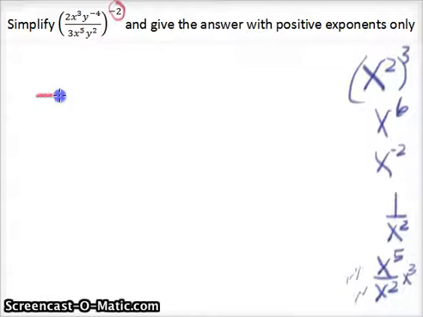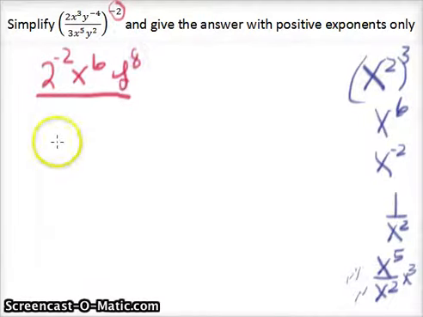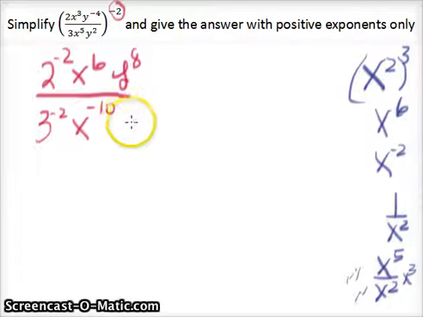Number 1, I'm going to have my bar. And then I'm going to have 2 to the negative 2, x to the negative 6, y to the 8th. And then I have 3 to the negative 2, x to the negative 10, and then y to the negative 4.